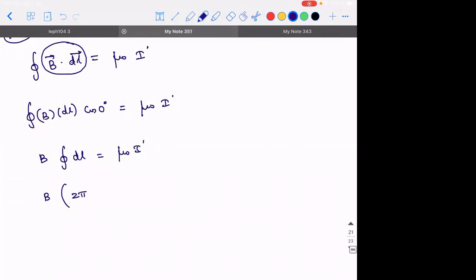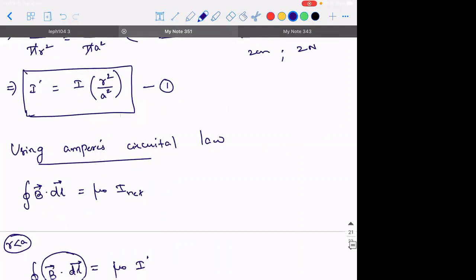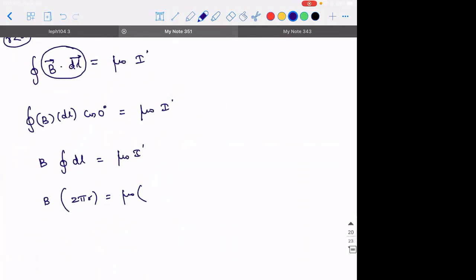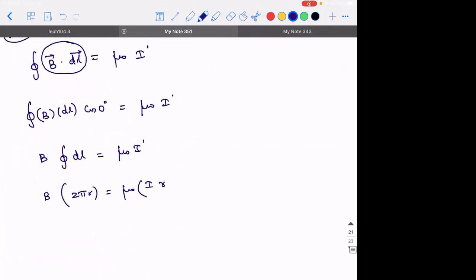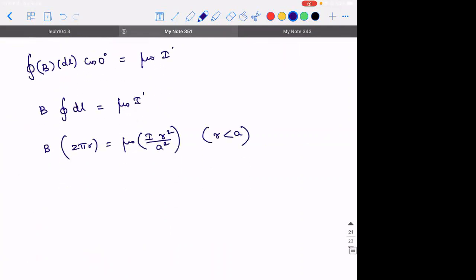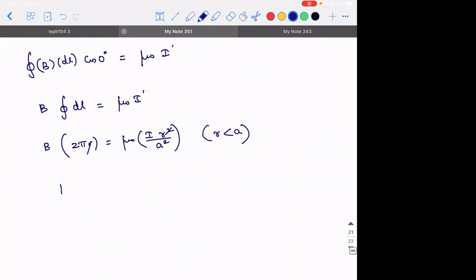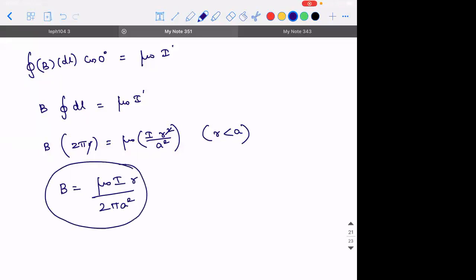So it will give you 2 pi R is equal to mu naught into, what is the value of I dash? I into R square divided by A square. This is for R less than A. So R and R will get cancelled. B will be equal to mu naught I R divided by 2 pi A square.